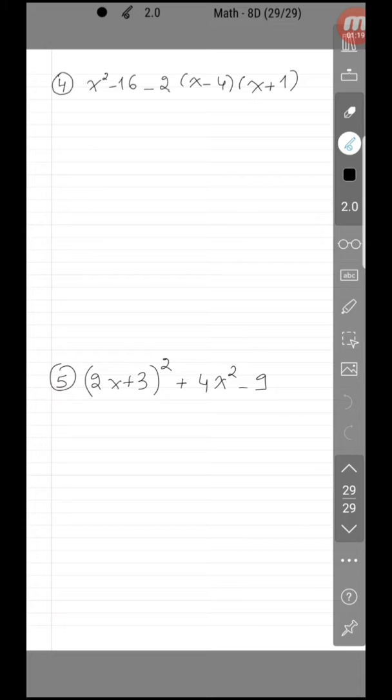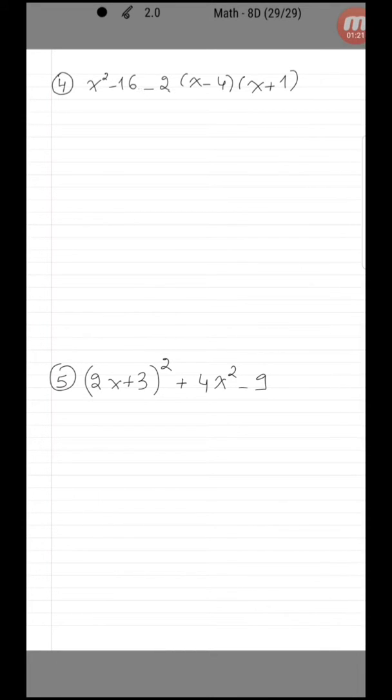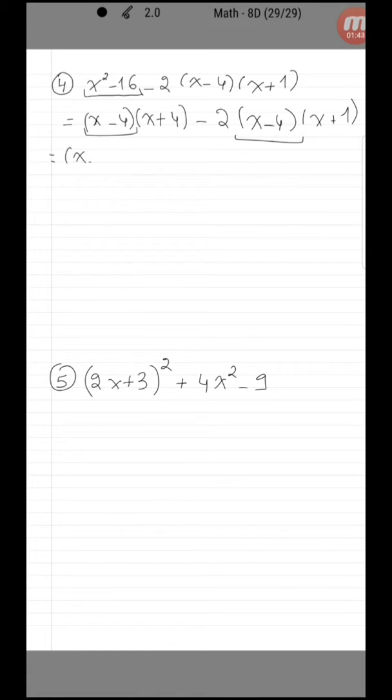Now for number 4, I need first to factorize these two terms. x squared minus 16 is x minus 4, x plus 4, minus 2, x minus 4, x plus 1. Now I need to find the common factor, which is x minus 4. So x minus 4 is the common factor, and I open brackets.